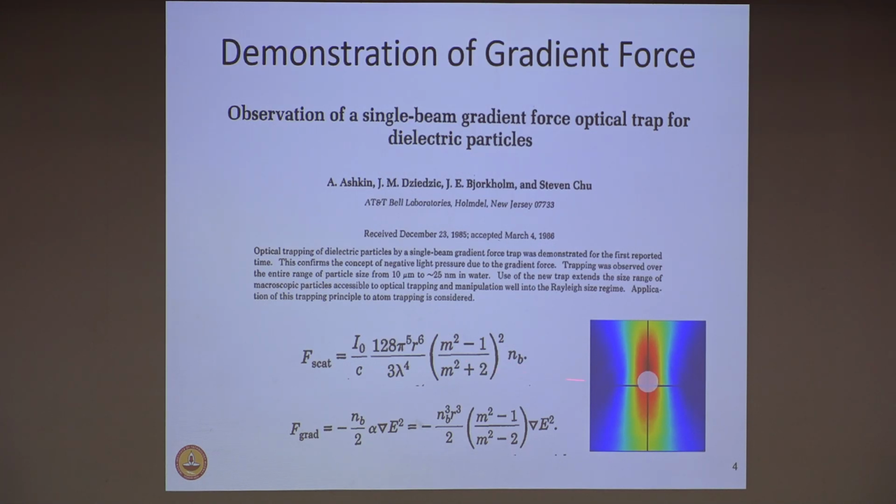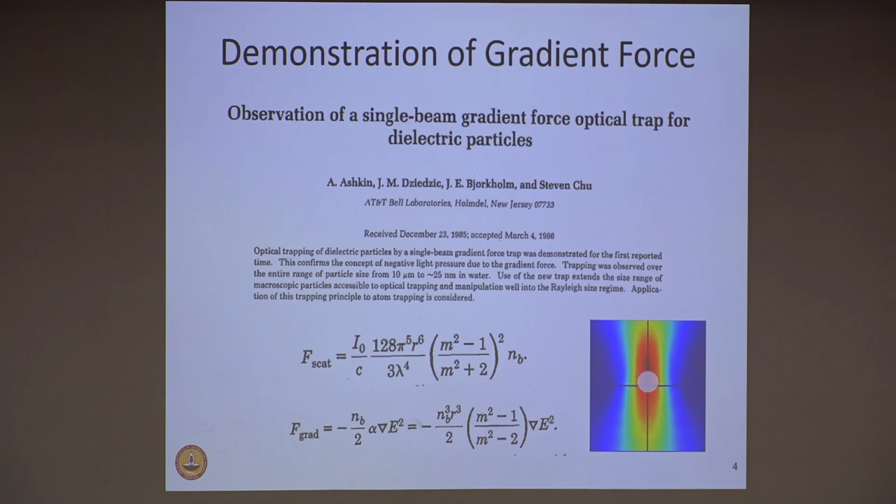This is the famous gradient force that confines the particle. There are two competing forces: the scattering force, which pushes slightly away from the focus, and the gradient force, which traps it in the focal plane.